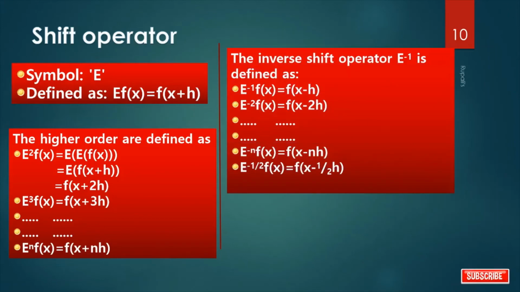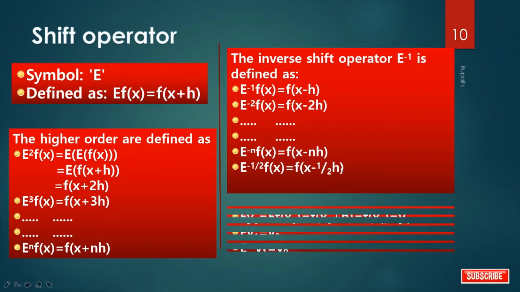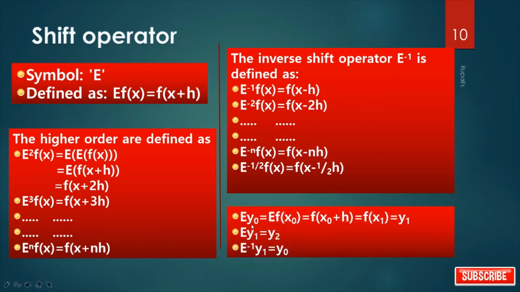The inverse shift operator E to the power minus 1 is defined as E to the power minus 1 f(x) is f(x minus h). E to the power minus 2 f(x) is f(x minus 2h), and E to the power minus n f(x) is f(x minus nh), and E to the power minus half f(x) means it is f(x minus h by 2). So, E y0 means it is E f(x0). E f(x0) means it is f(x0 plus h), and x0 plus h means it is x1.